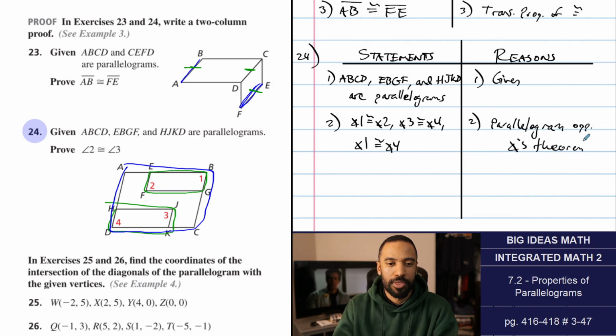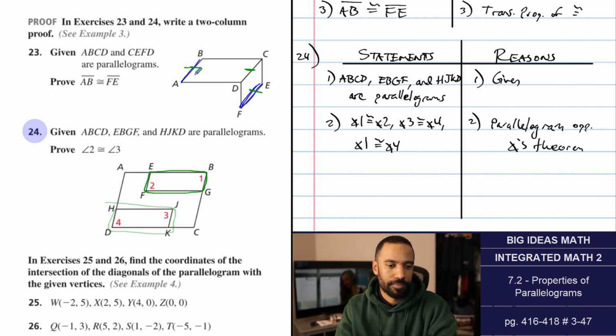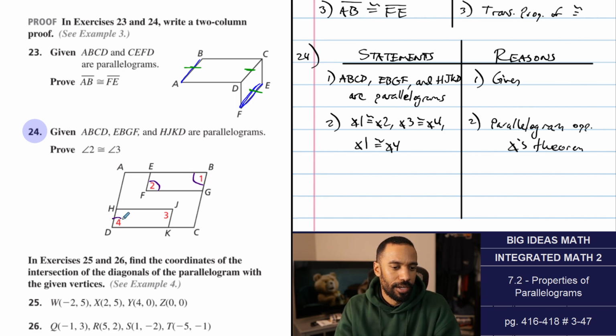So if I were to mark some things up, let's do it in a different order. 1 is congruent to 2. Let me say 1 is congruent to 4 next. I can use the single mark. 4 is congruent to 3.